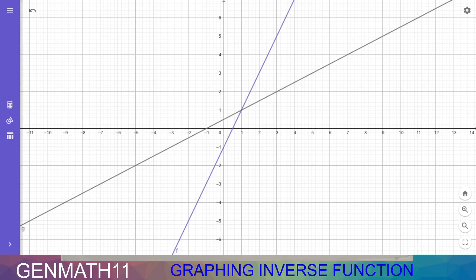Or, if we can rewrite this tanong, what will happen if we plot the original function of the inverse function? So, yun yung mas magandang term dito.